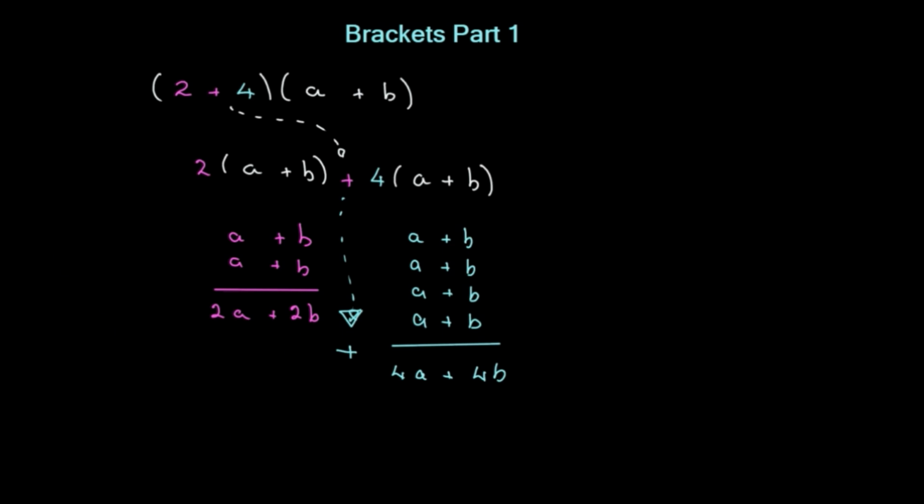So if we group it correctly, first of all, let's look at this one here. We have 2a. Now we look at that one. So we've dealt with the a's. That's an a, that's an a. So now we deal with the b's.